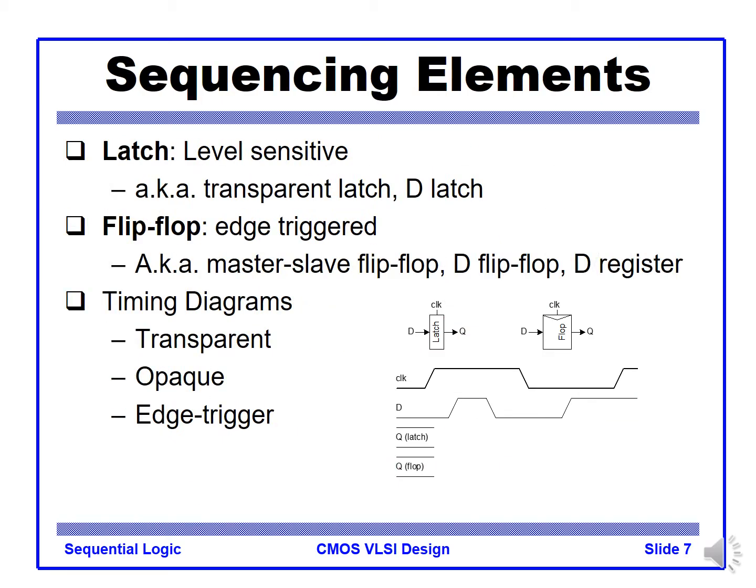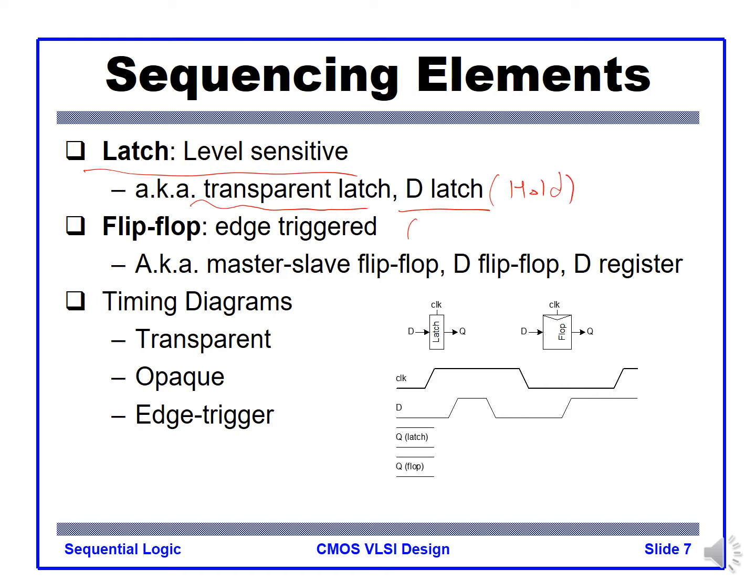Let's take a look at the sequencing elements. We have two elements in this example, the latch and the flip-flop. The latch is level sensitive, as you already learned in the beginning of this lecture. The latch has a transparent mode and a latching mode, the transparent and hold mode. The flip-flop is edge triggered.